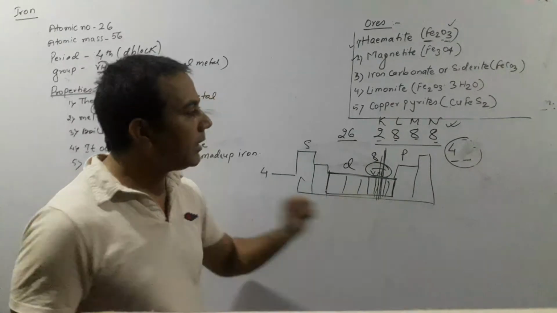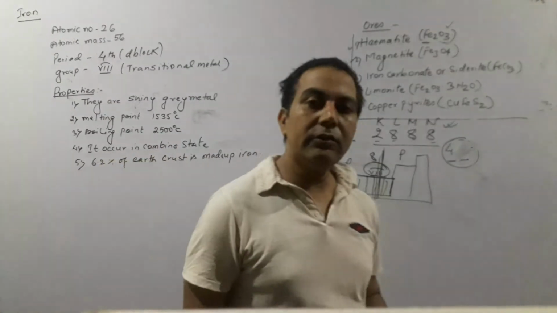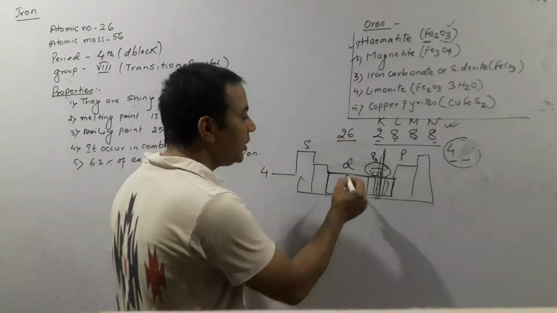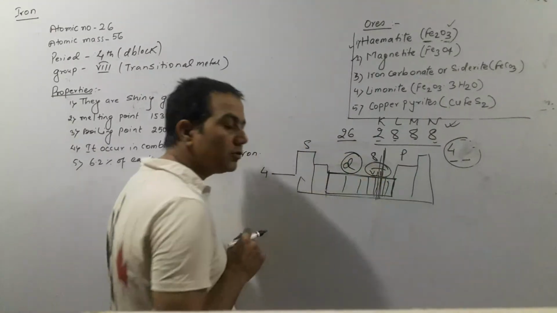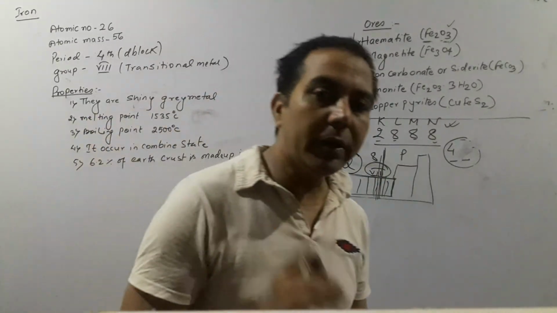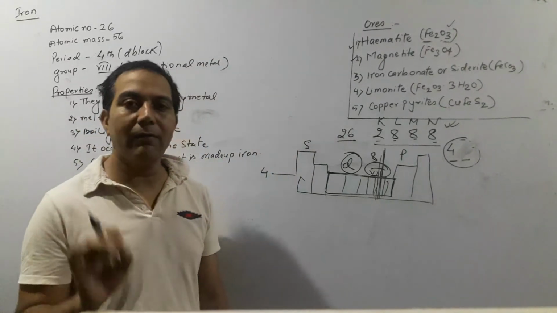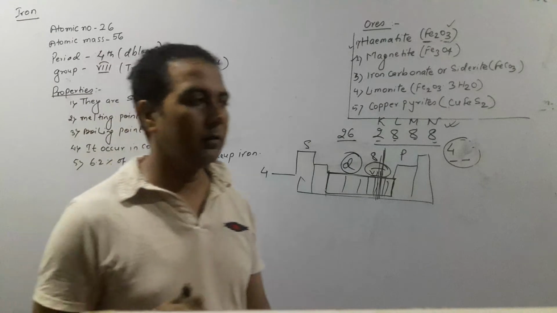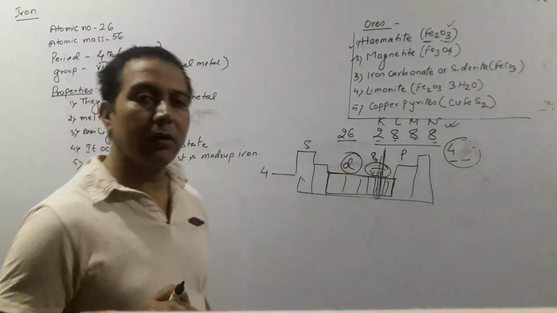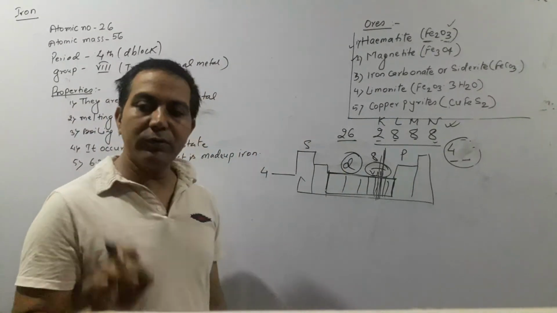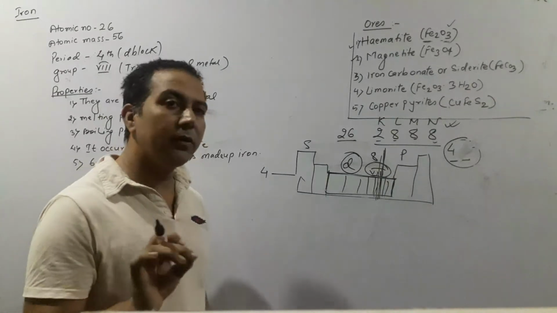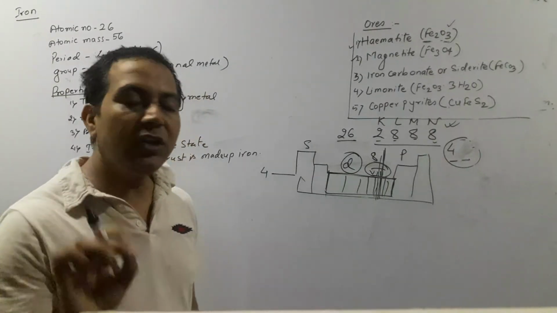Understand? Then the next thing is that it is also called a D block element. Why is it also called a D block element? Because the position of iron in the periodic table is in the D block.